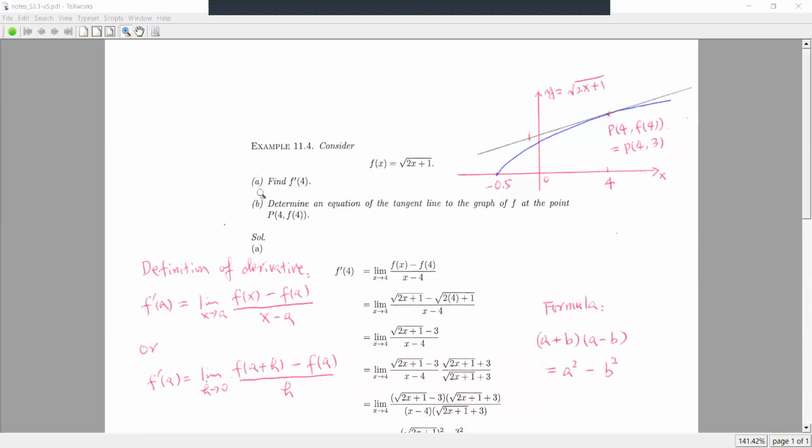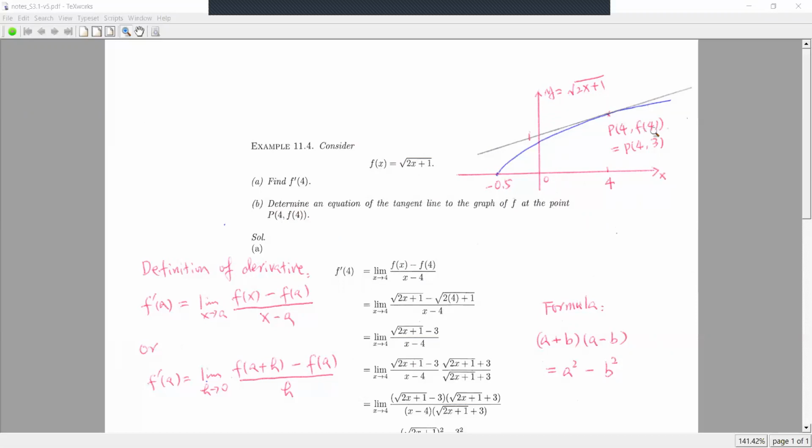Now, part A. Find the derivative of the function at 4. B. Determine an equation of the tangent line to the graph of the function at point P. Point P, x coordinate is 4. Because the y coordinate is the function value at 4, point P is on the graph of the function.